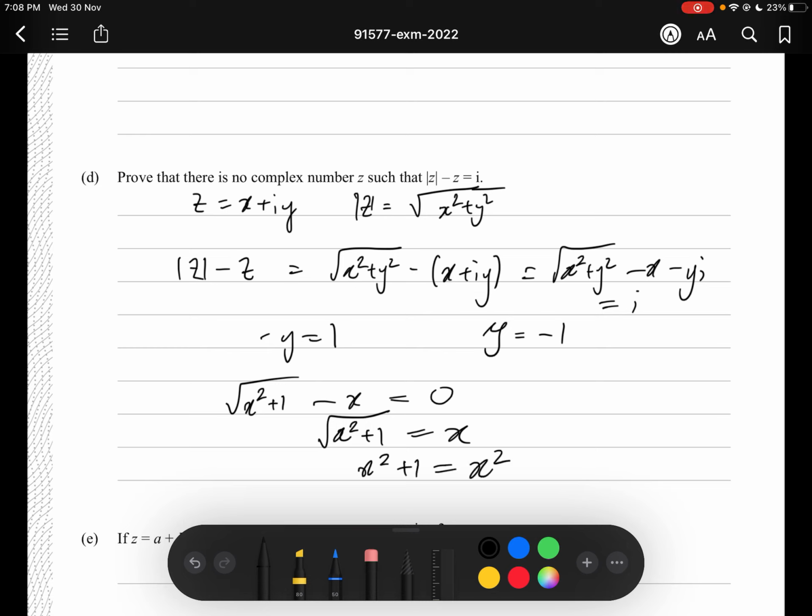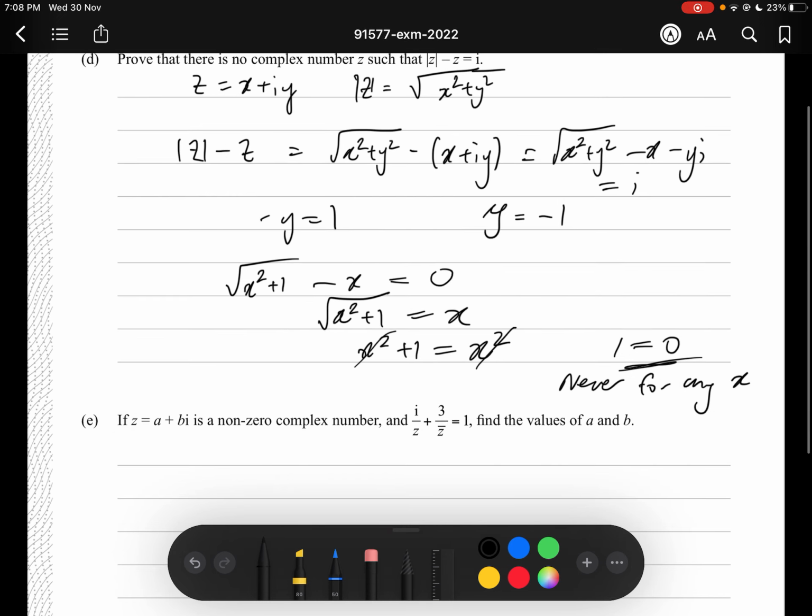If we cancel out the x squared, we get 1 equals 0. So this equation is never true for any x in the real plane. Therefore, there are no solutions for z such that the modulus of z minus z equals i.